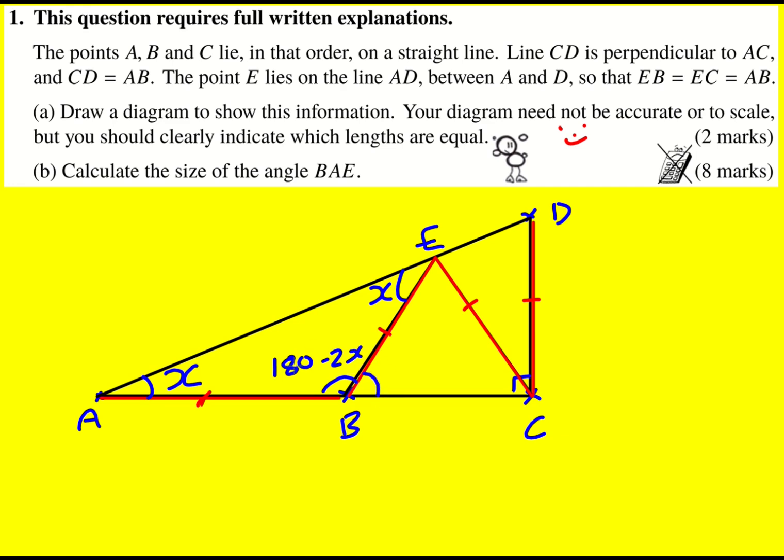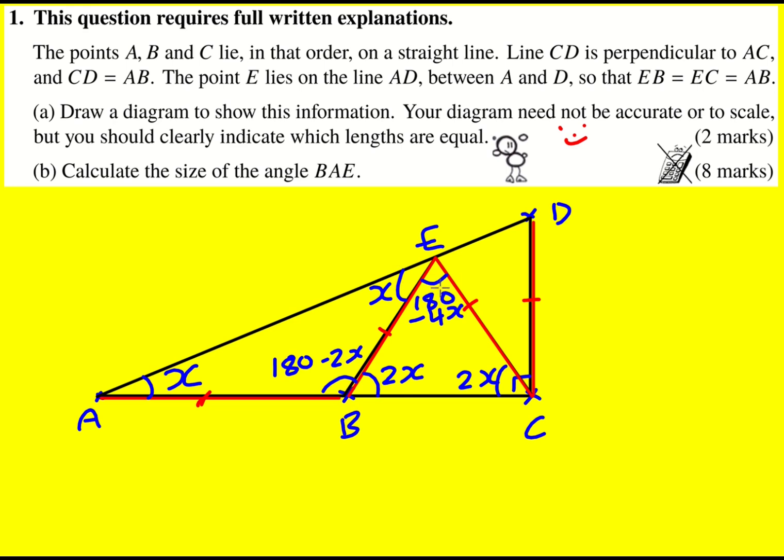And this is also adding up to 180, which means that this must be 2x as well. And then I have another isosceles triangle, so you can see we're just working our way through this, 2x here. And then up here, because the angles in this ECB triangle add up to 180, this angle must be 180 minus 4x.